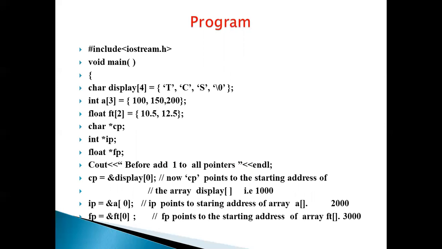The integer array A stores 3 data, 100, 150, 200, and the float array FT stores 2 real data, 10.5, 12.5. In this program, we have declared 3 pointers, CP, IP, and FP. CP points to the starting address of the character array display, IP points to the starting address of the integer array A, and the pointer FP points to the starting address of the float array FT.